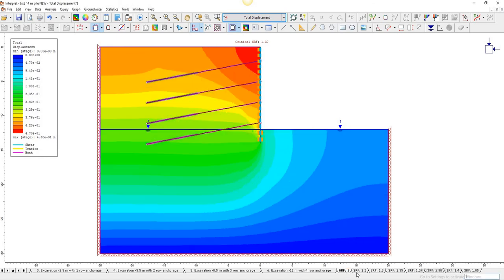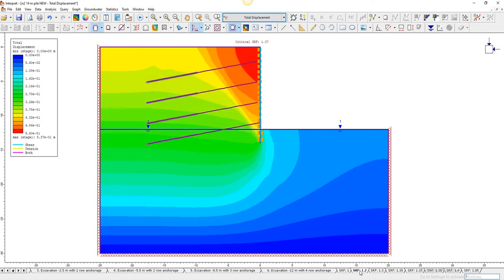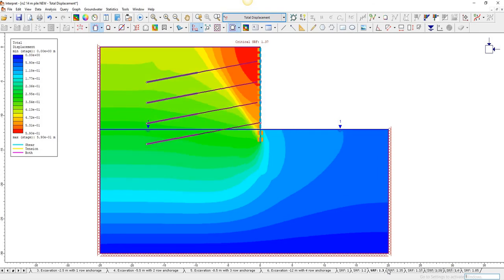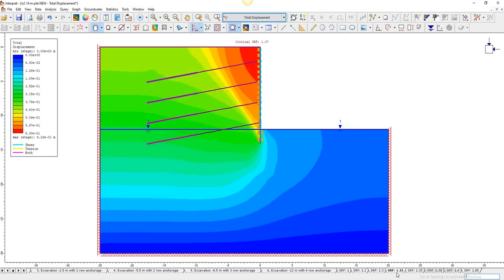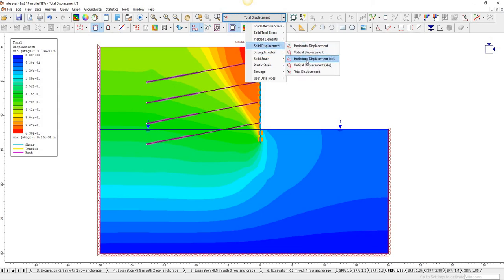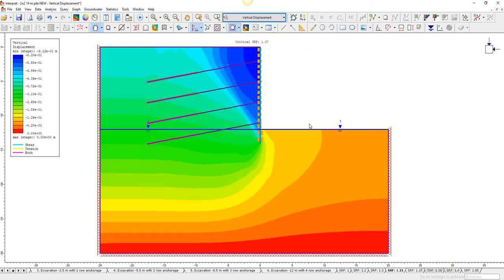So that's why you can see when the SRF factor increases, for example from 1.1 to 1.2, the total displacement also increases to be higher than the previous SRF. Okay, so you can also change here, for example, to the vertical displacement in order to see the effect of vertical displacement.